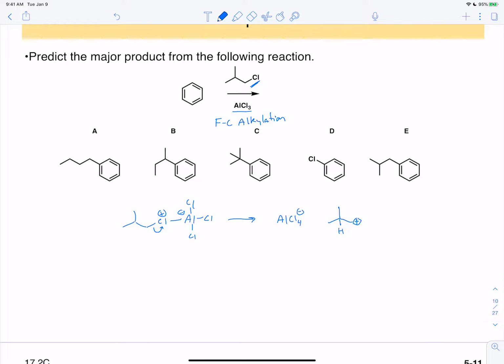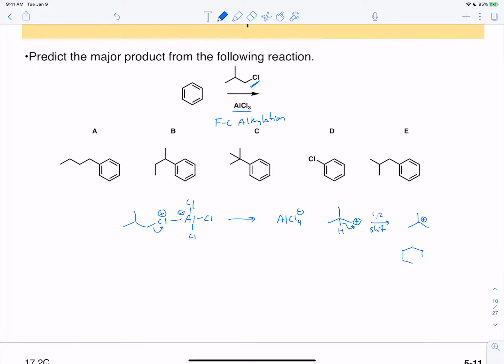The bond that migrates could be a hydrogen or a carbon, and the one that migrates is the one that will end up giving you the more stable carbocation. So we'd expect to have a 1-2 shift. This will give us a tertiary carbocation, and this is going to be our actual electrophile in the reaction.